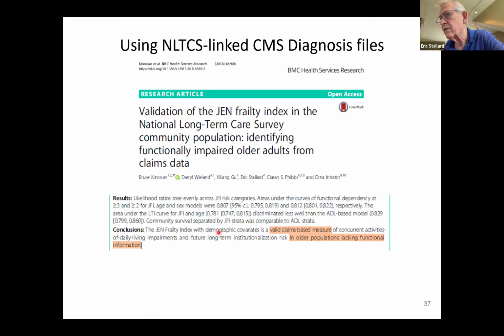And this study showed that we can have a valid claims-based measure of ADL impairment and also of risk of long-term institutionalization. That uses the MDS data to determine that someone meets the criteria for long-term institutionalization.